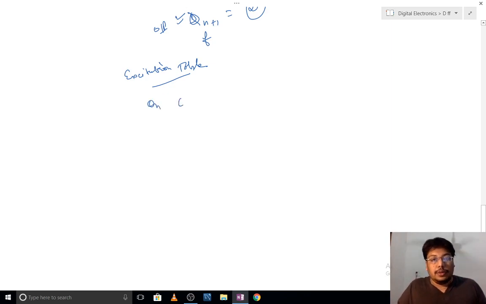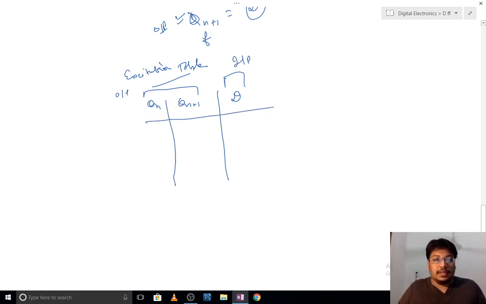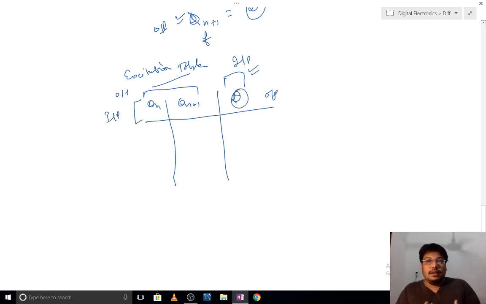Let's say Qn and Qn plus 1 are given, and we want to find the input D. Initially D was the input and these were the outputs, but for the excitation table the outputs must be excited as inputs to find this input. So again the 4 combinations will be there because of 2 variables.